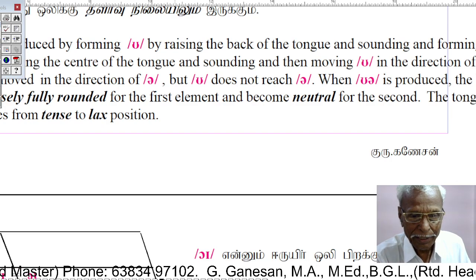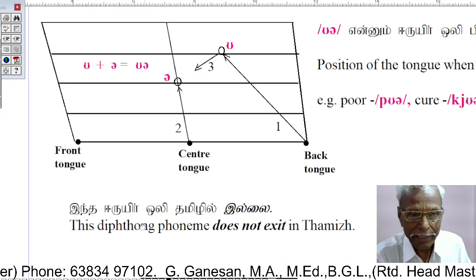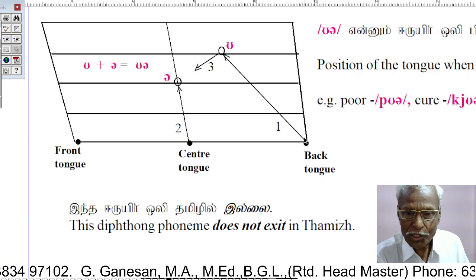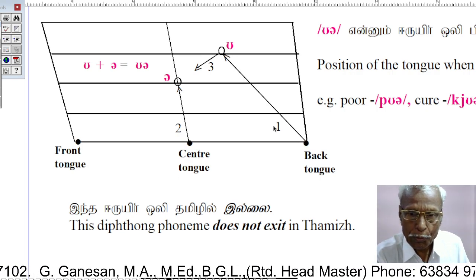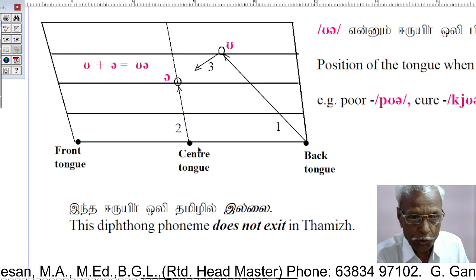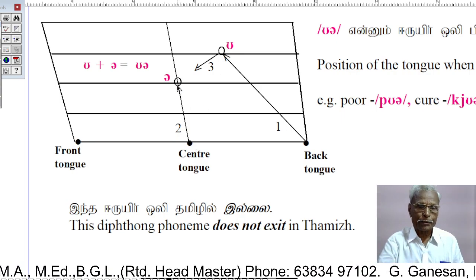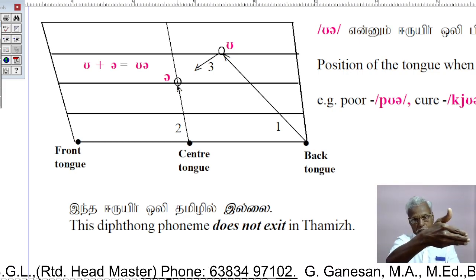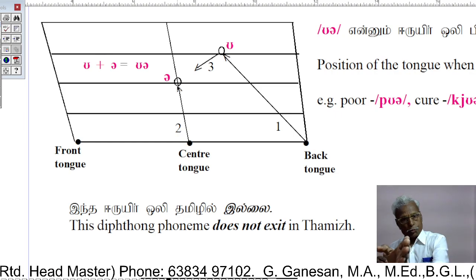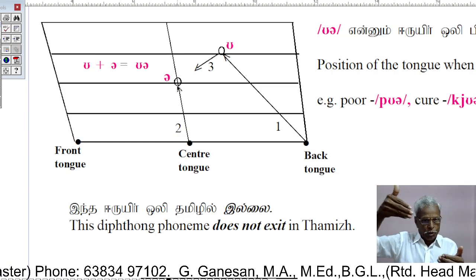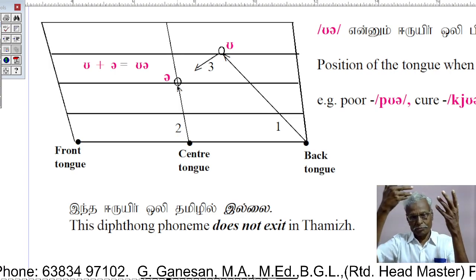Let us see the diagram. You see, first U is produced by raising the back of the tongue. Then A is produced by raising the center of the tongue, and then U is moved towards A. That's all.